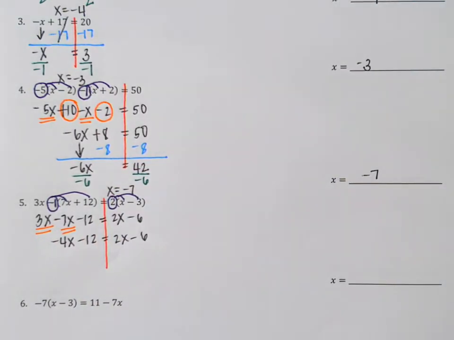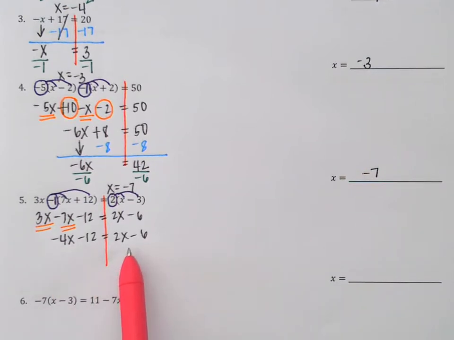Okay, so from there, I want to move my variables to one side of the equation. So I can either move the 4x to the right side or the 2x to the left side. It doesn't matter. I usually like to keep it positive.